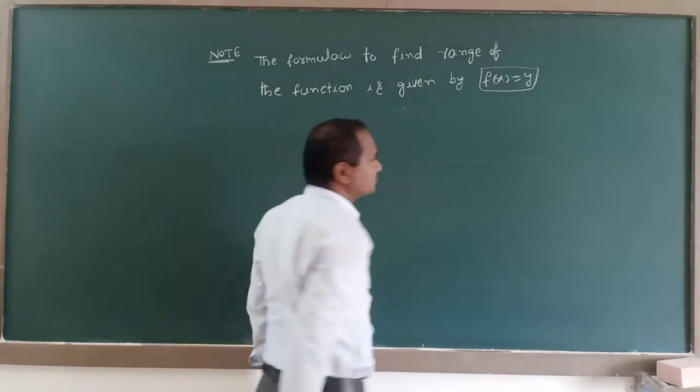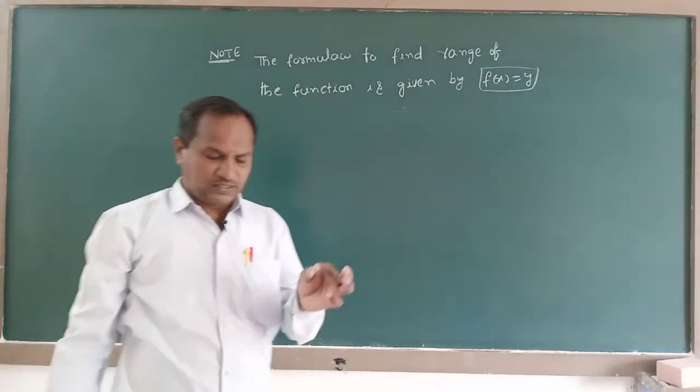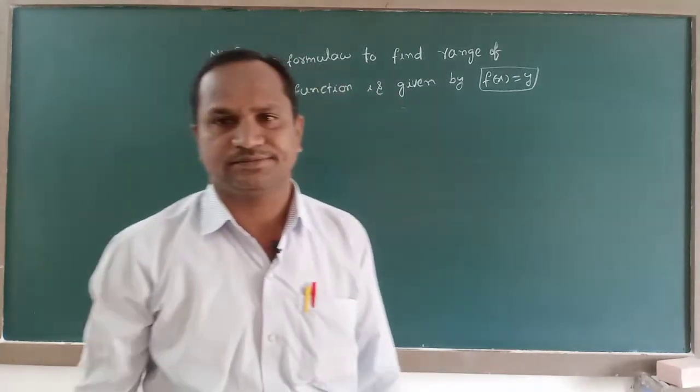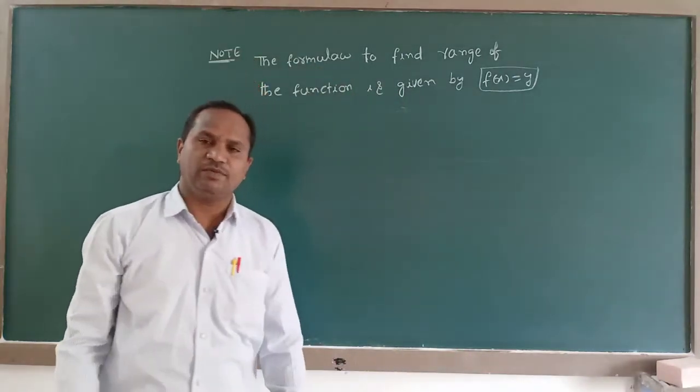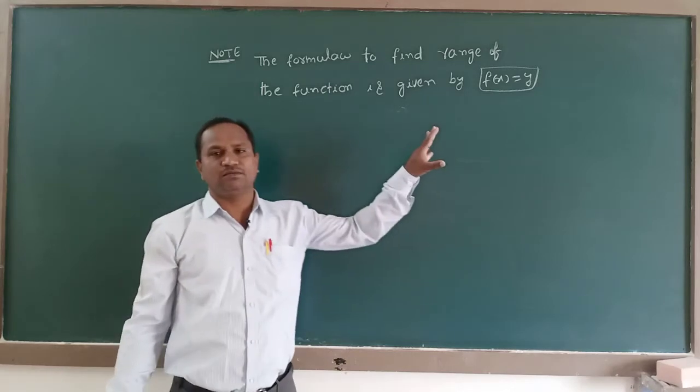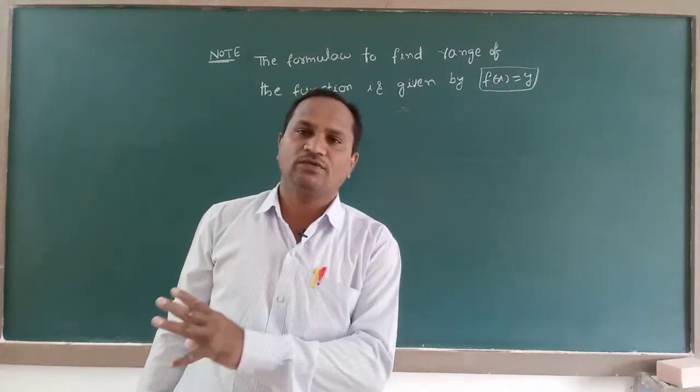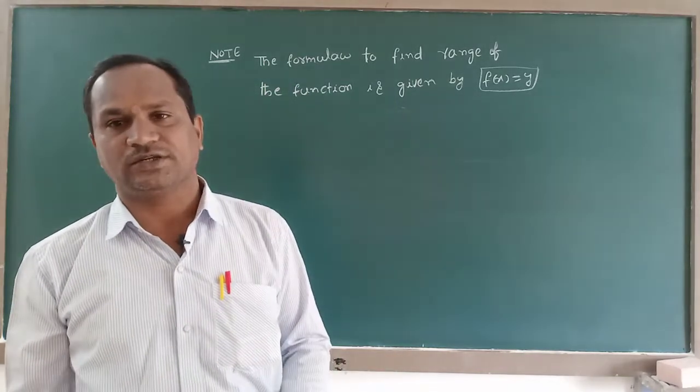This formula, f of x is equal to y. The x must satisfy all the elements from the codomain and at the same time the domain also. We have to verify with this formula. With the help of this formula only we find the range of the given function.